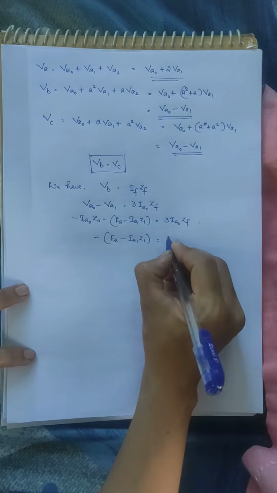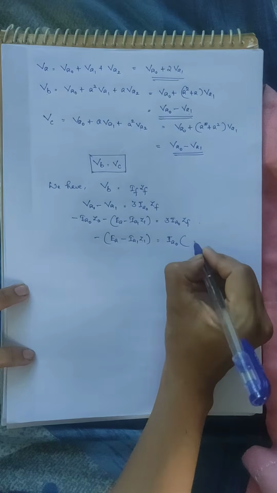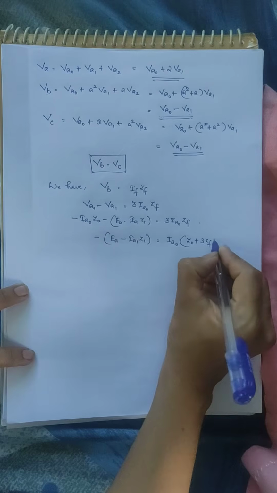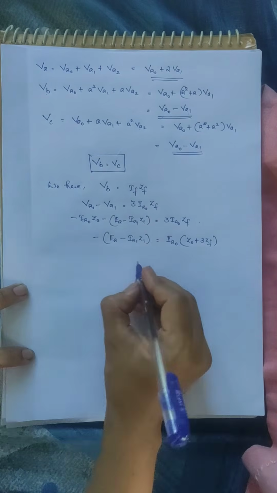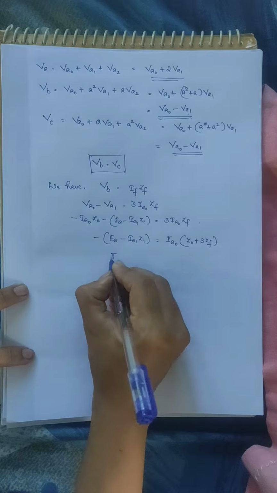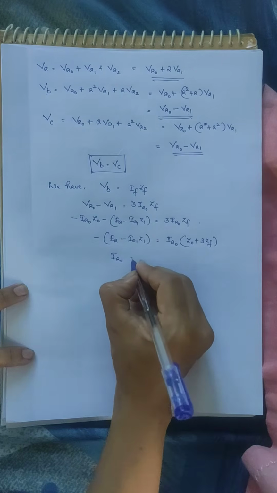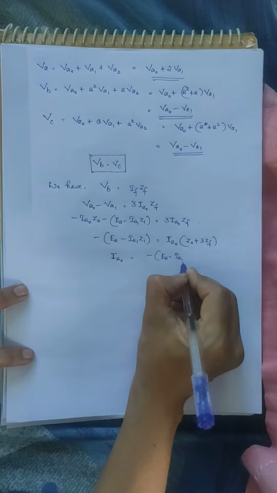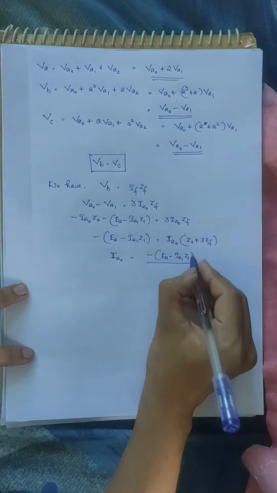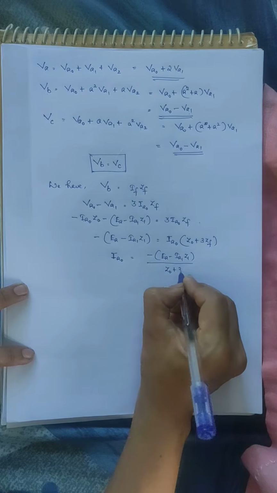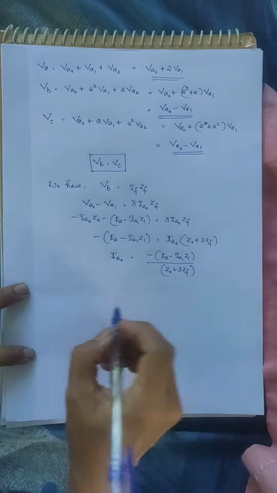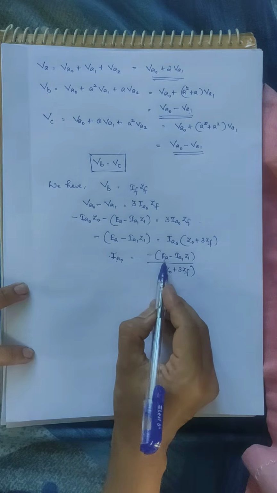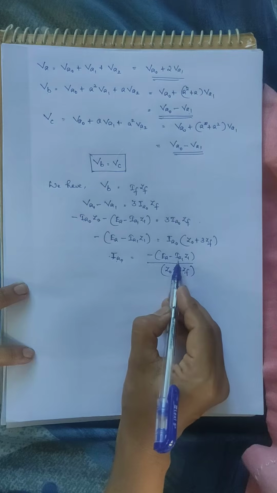Then we can take IA0 common outside. So, this will become IA0 into Z0 plus 3ZF. Okay. So, from here we will get an expression for IA0. IA0 will be equal to minus of EA minus IA1 Z1 divided by Z0 plus 3ZF. Okay. So, we got an expression for the zero sequence current IA0 in terms of the positive sequence current IA1.